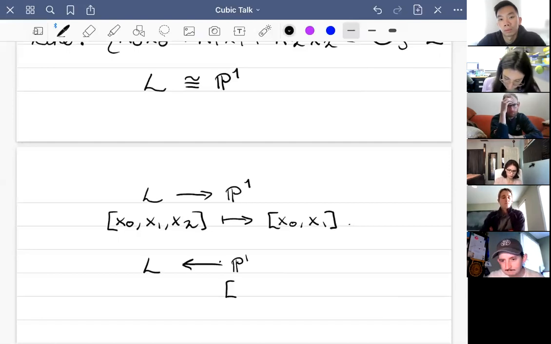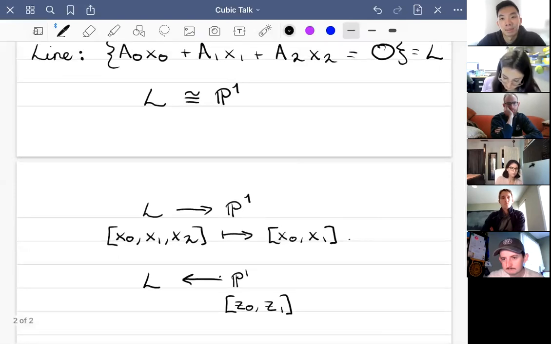Well, my P1, let's say, has coordinates Z0, Z1, just to distinguish. And when I map it to L, I need to give 3 coordinates which satisfy this equation.